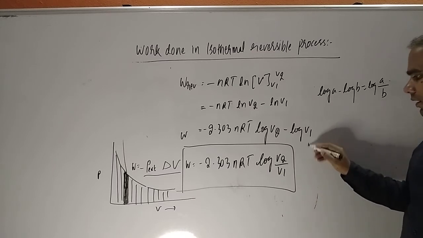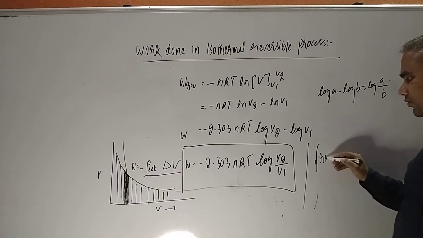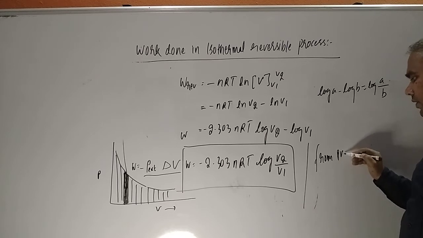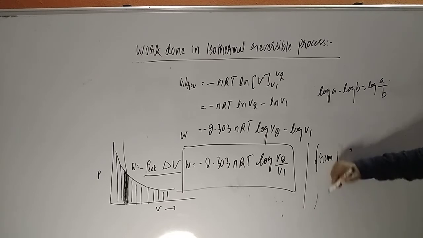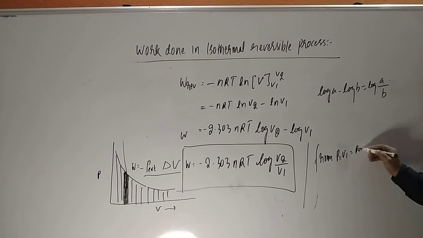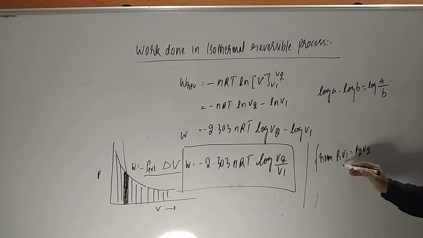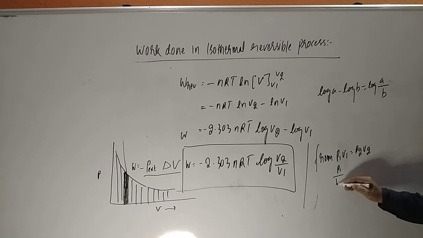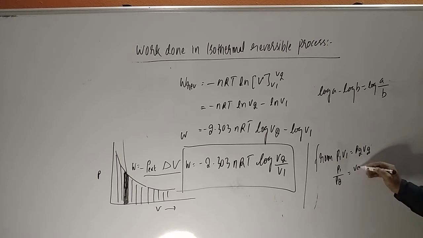From PV equal to nRT, we have P1 V1 equal to P2 V2. So P1 upon P2 is equal to V2 upon V1. At the place of V2 upon V1 we can write P1 upon P2.